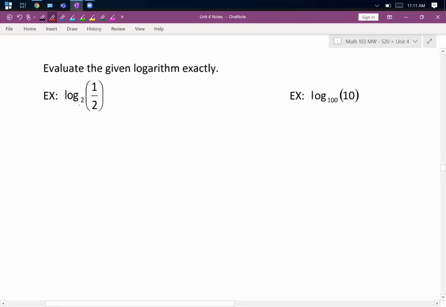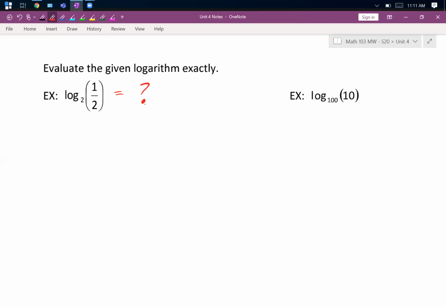So log base 2 of 1/2 is equal to, I don't know, right? I'm just putting a question mark. You can put a regular variable if you like, but I'm using a question mark. What we're going to do now is rewrite it in exponential form since we know a lot about exponents.